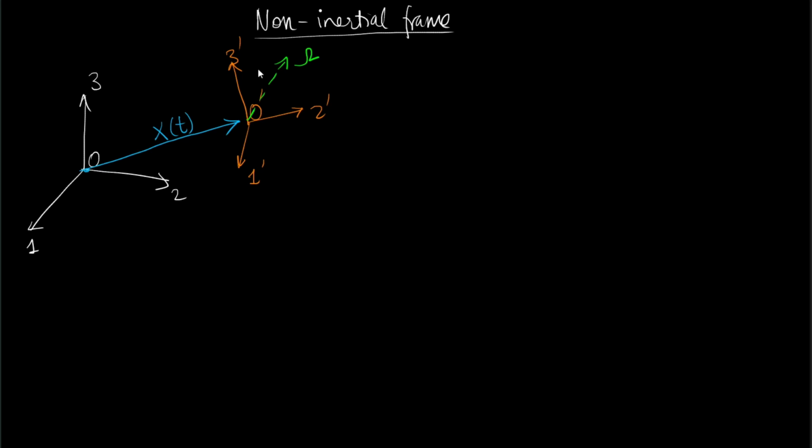So for any point in the non-inertial frame, if we write the vector as x prime, we can write x in terms of it. So this is capital X and this is small x. So any vector in the inertial frame, the stationary frame, can be written as a combination of X(t) plus x prime(t).